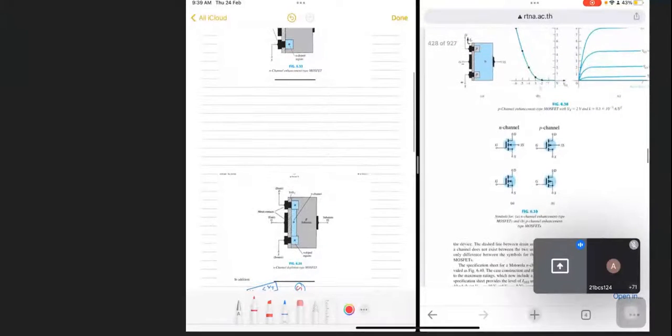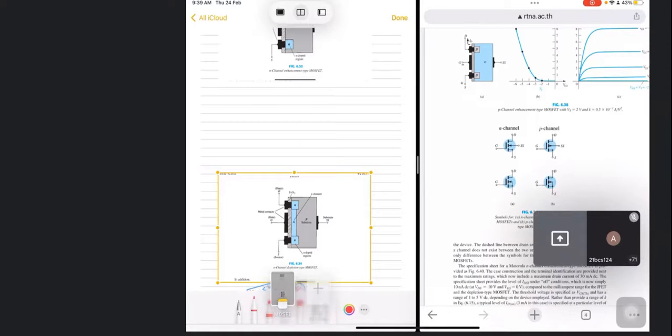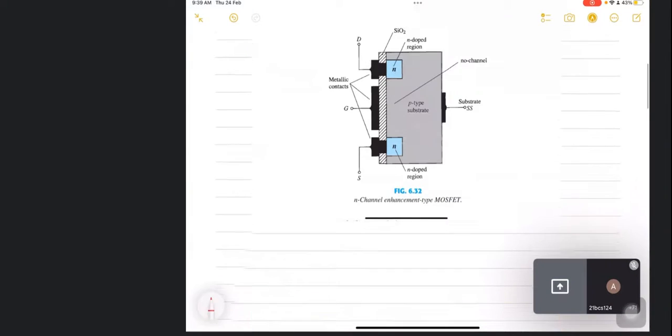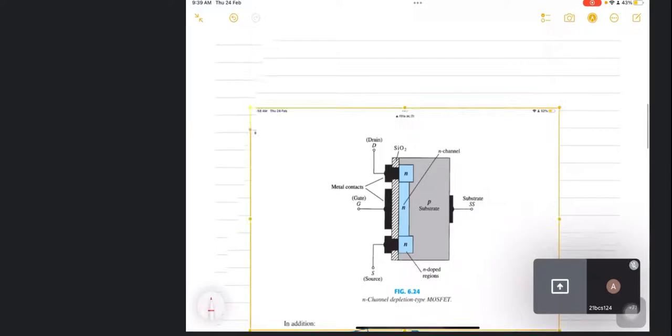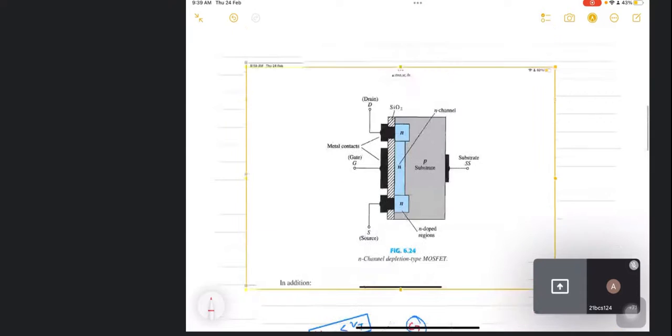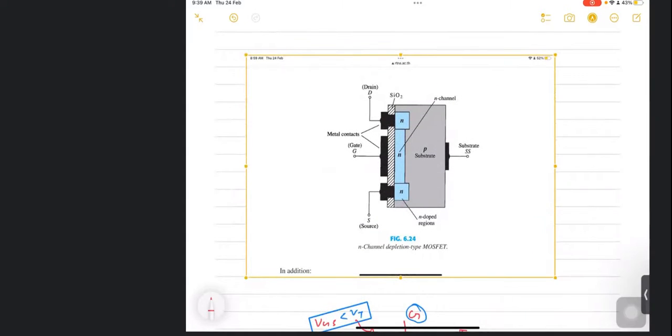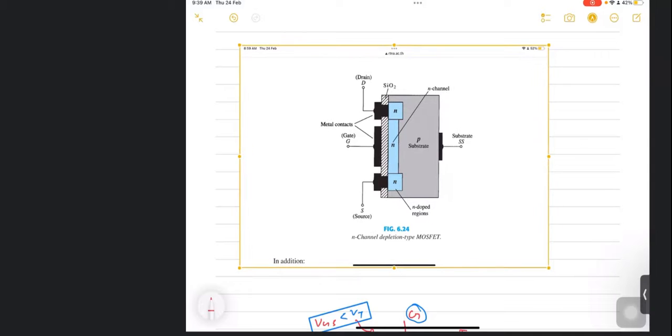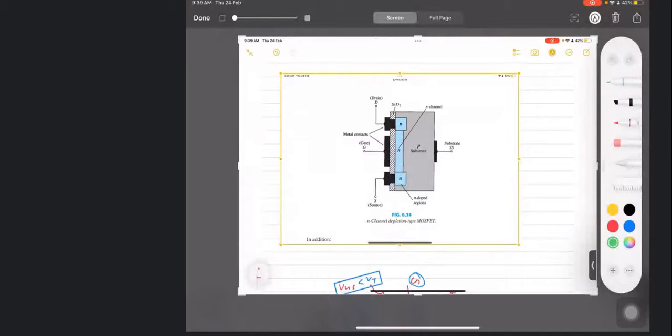And there is another type of this. This one. This is depletion type. Can you see it? Depletion type. So here, if you see this one, a channel is already being formed here. ठीक है?